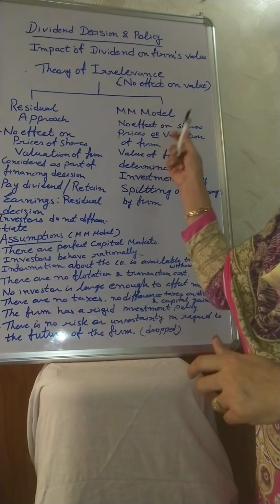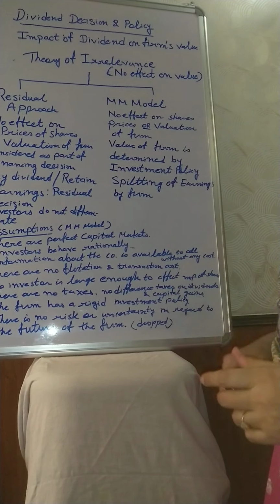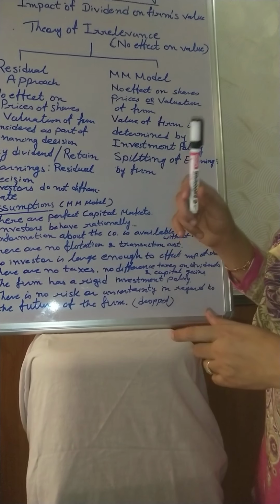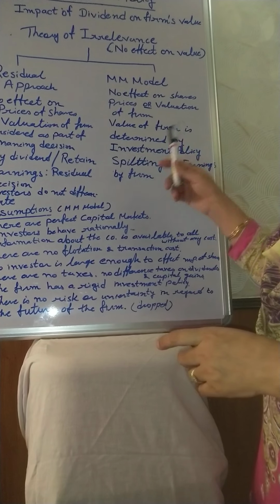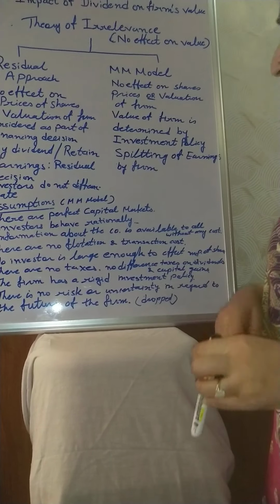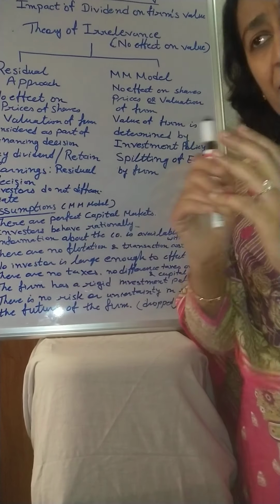It is based upon many assumptions, but in crux they have mentioned that there is no effect on share prices or valuation of the firm. The value of the firm is basically determined by its investment policy. So the company may decide the splitting of earnings into retaining or distributing dividend.